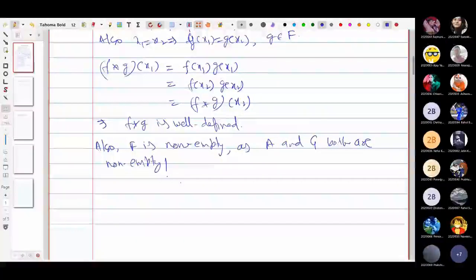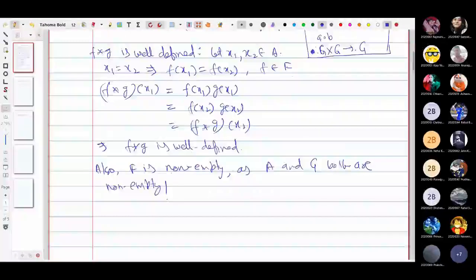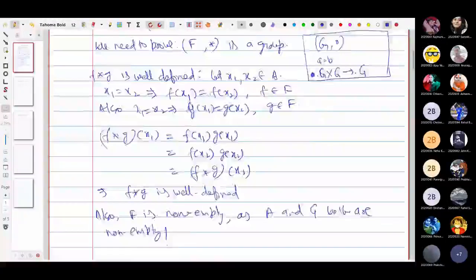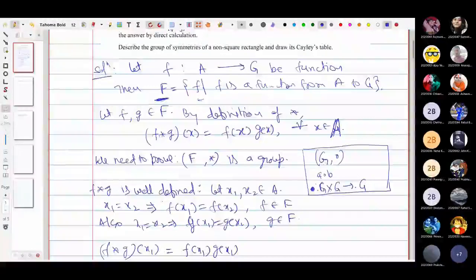Now one more thing here. We have proved that this function, f star g, is well defined. Now we are also concerned with this star.